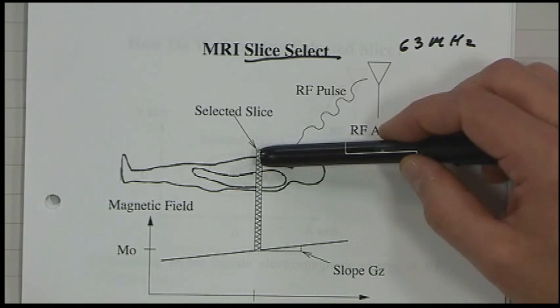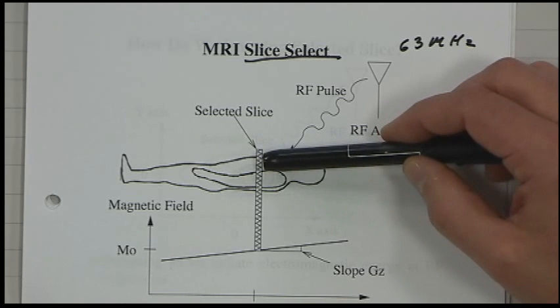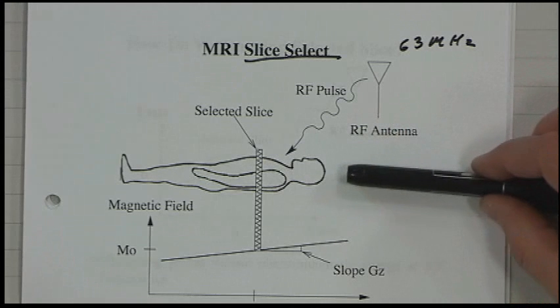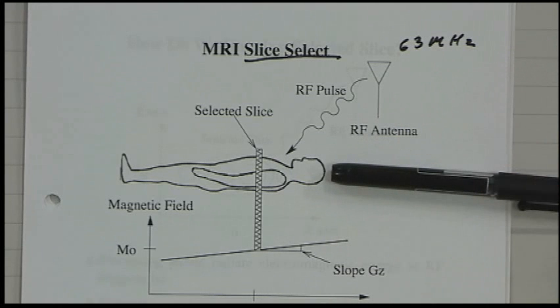Now, if you change the magnetic field amplitude, that frequency of resonance will shift. It's like modulating the frequency in FM. In FM radio you have a voltage-controlled oscillator, a VCO, and you change the input voltage and it changes the frequency. So you're modulating the frequency.